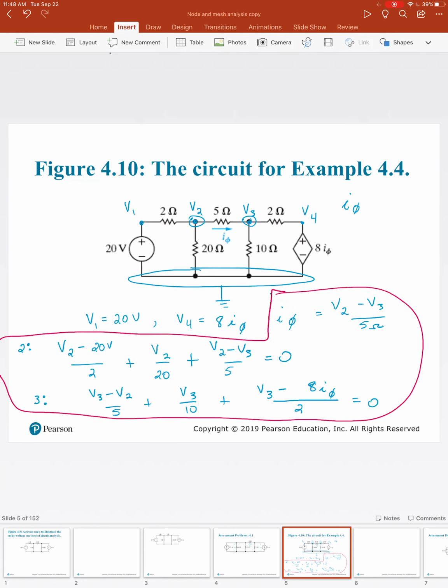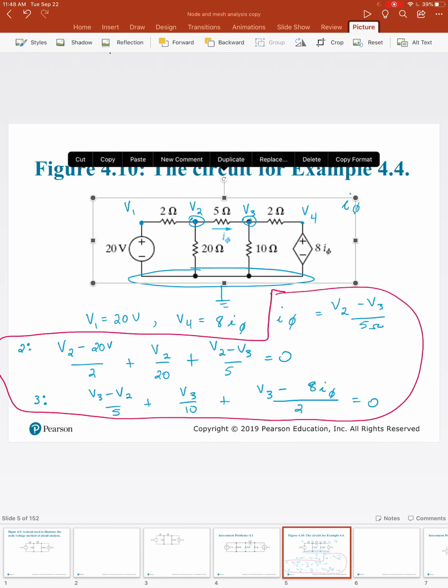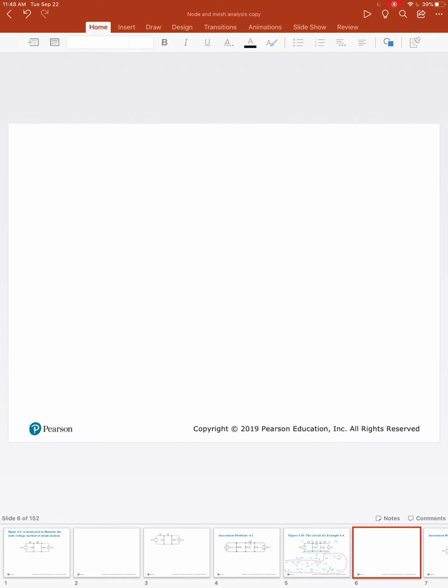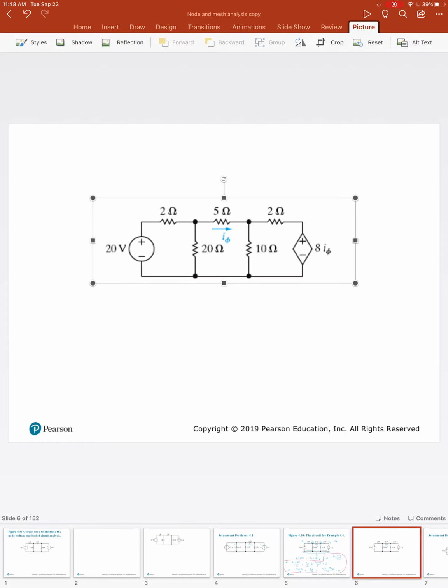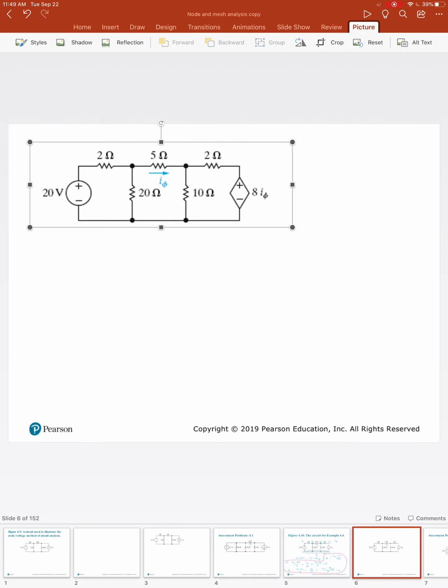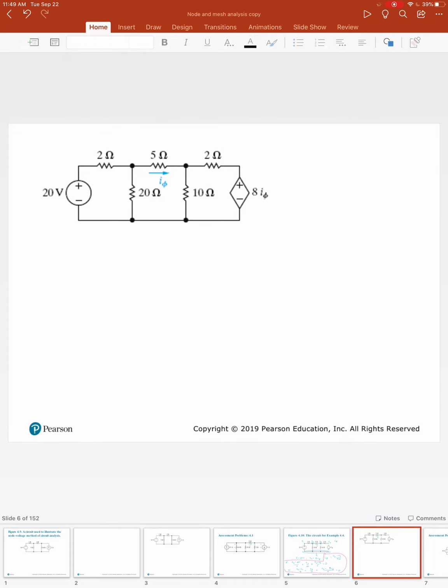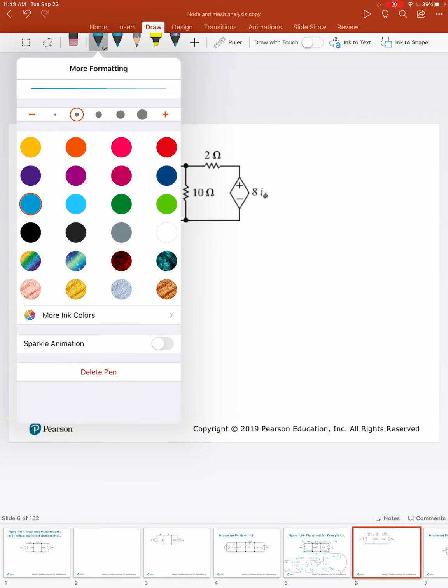Then let's come back to the problem we just worked, select this figure, and paste it here. Now let's look at doing the same thing with mesh current, and then you can just look at the equations and determine which one you think is easier. So we'll start out with blue again.